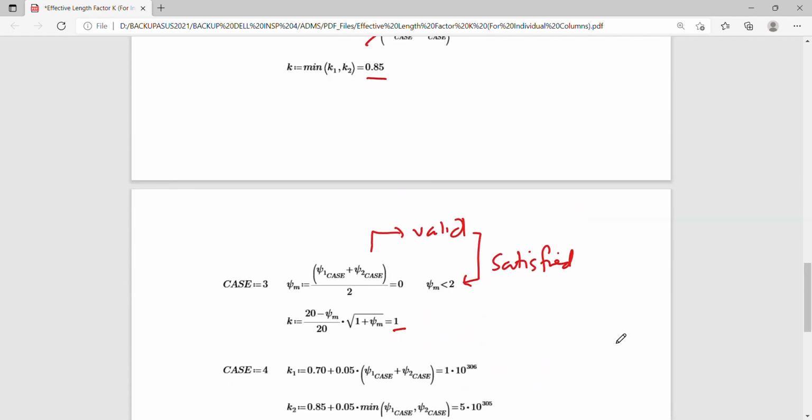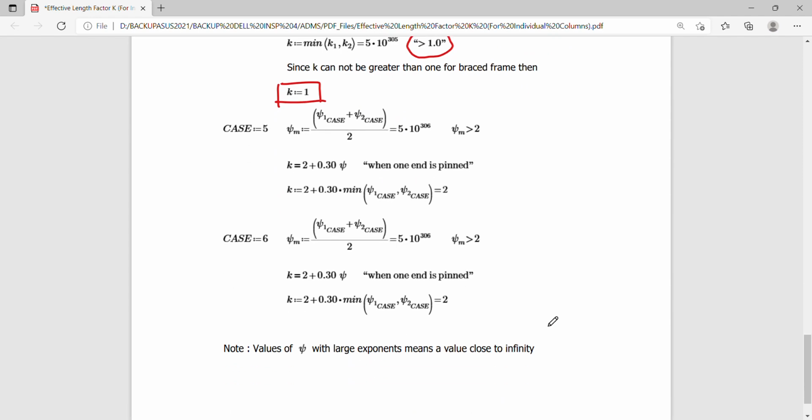So for case 5 and 6, which are again unbraced conditions, we just take the formula for case 3. We take the mean or the average for the psi 1s and psi 2s.